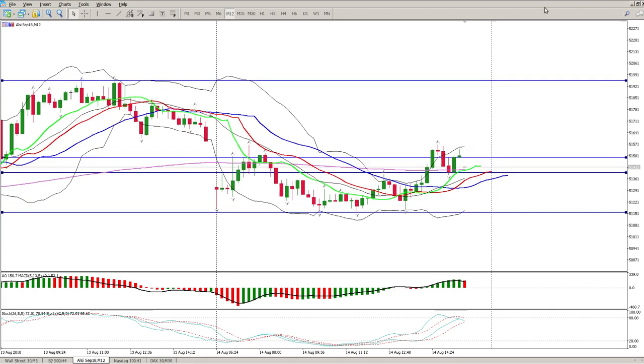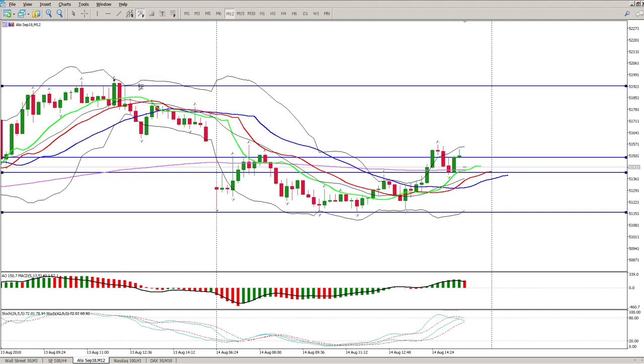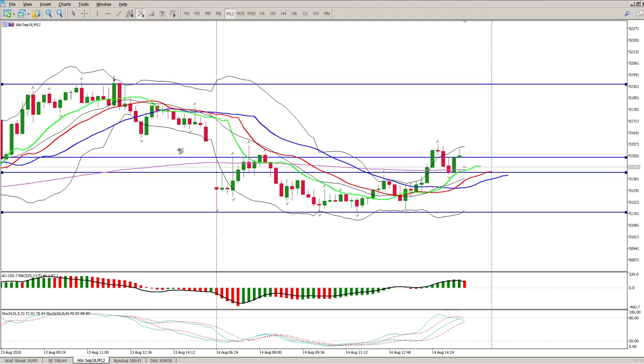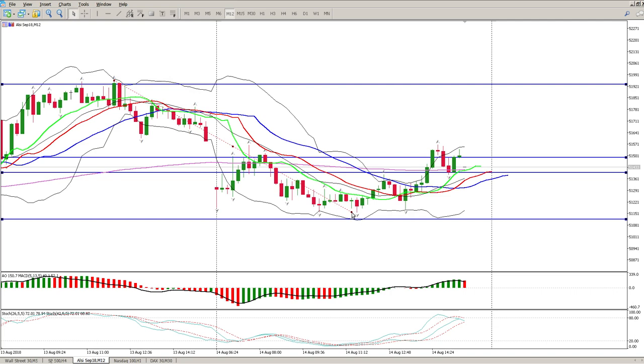There's nothing really else. The way you can read this is as follows, and I'll just take a measured move. The move started up here, and we came all the way down to here, and then we retraced back to there.